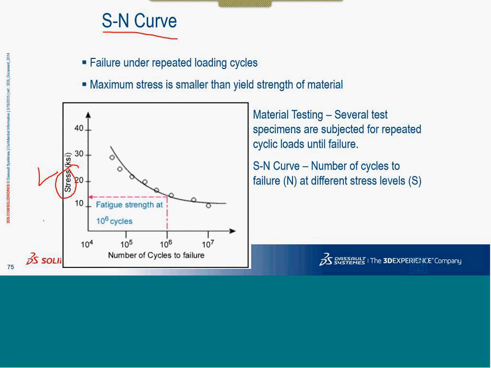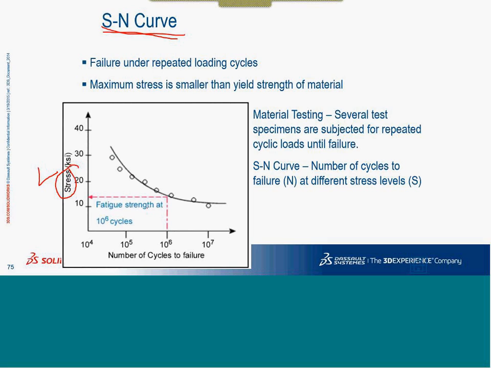When a cycle goes from negative to positive or zero to positive, it will have a mean stress. If the part is subjected to that kind of repetitive loading, then after how many cycles it will fail is listed on this SN curve.